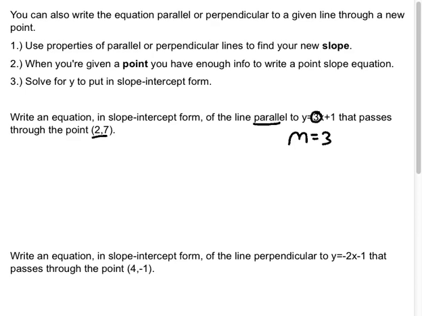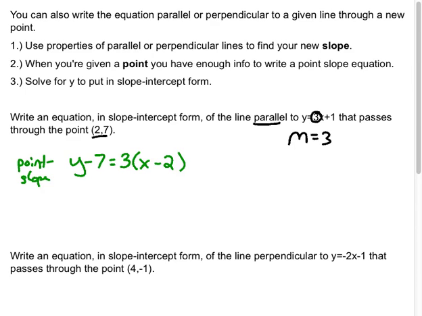So, like I've been kind of conditioning you to think of, the information that's provided to me is going to allow me to write a point slope equation. Y minus the y value from the point equals the slope times x minus the x value from the point.